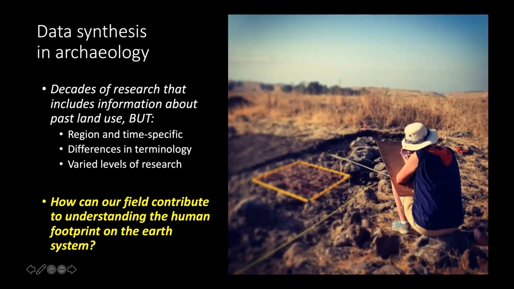It's generally very region and time specific. We get wildly varying terminology across regions and through time periods, and highly varied levels of research interest and density of research across different regions.